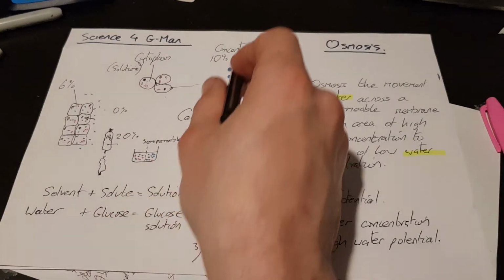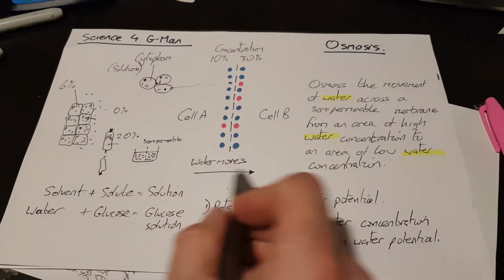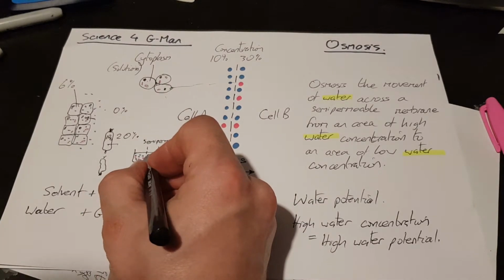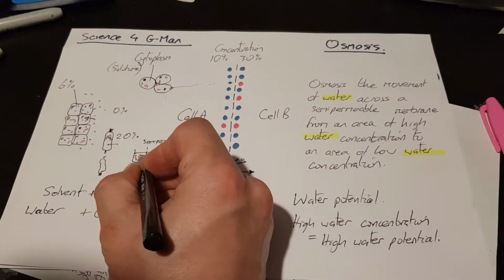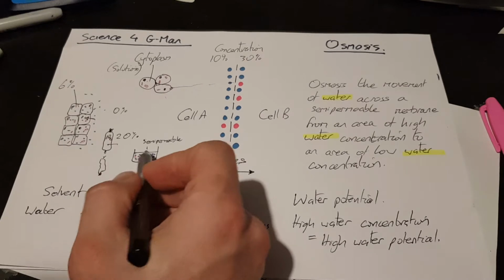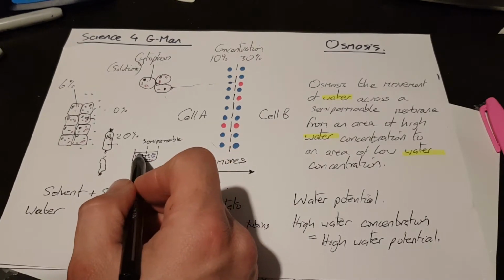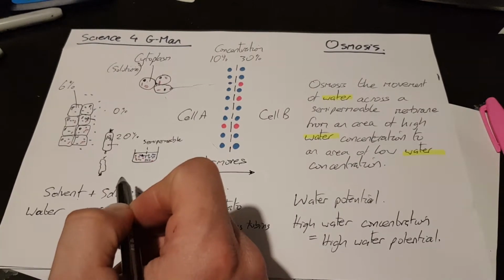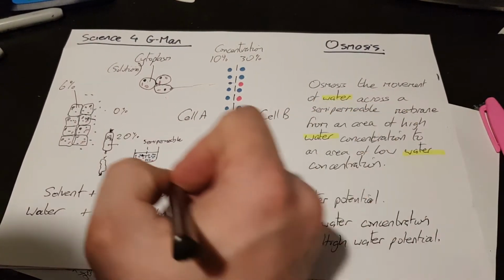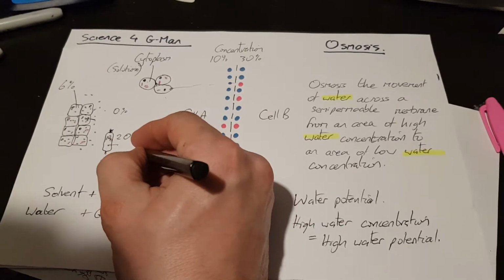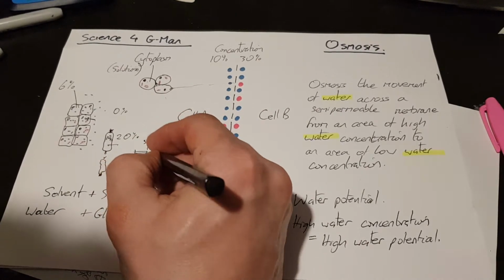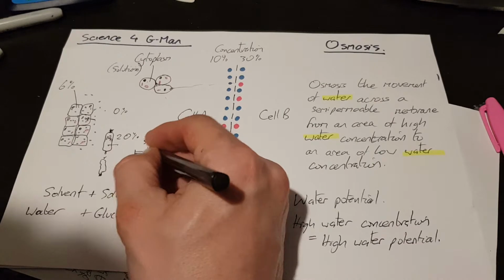Well, remember this, water moves that way. In this case, the water moves that way. Well, if you're getting some water from here and you're putting it onto this side, what's going to happen? Well, the water on this side is going to go up, and the water on this side is going to go down.